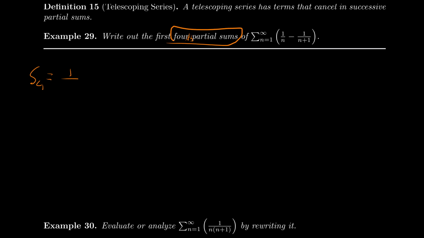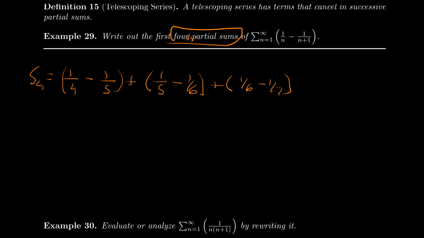That is, let's just look at s sub 4. Okay? So that's going to be 1 over 4 minus 1 over 5. Okay? Plus, and then the next term will be 1 over 5 minus 1 over 6 plus 1 over 6 minus 1 over 7 plus 1 over 7 minus 1 over 8.